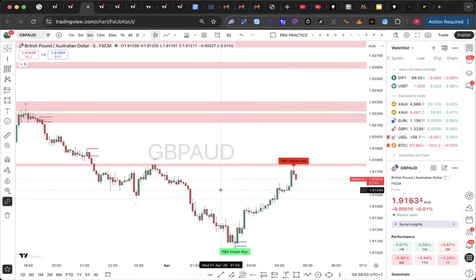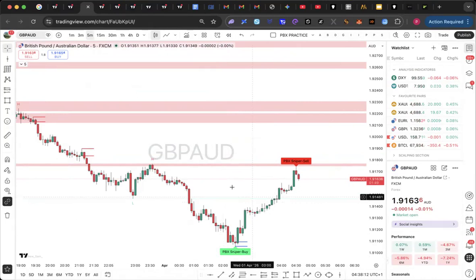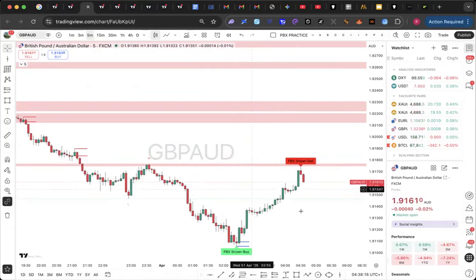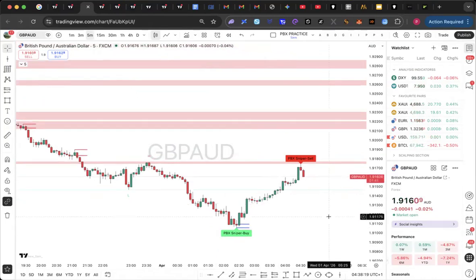So overall, the market is bearish. And the only thing is that today it wants to go bullish because it first went down, before trying to go up. So overall, the market is bearish. I've taken a trade and I will allow it to run.